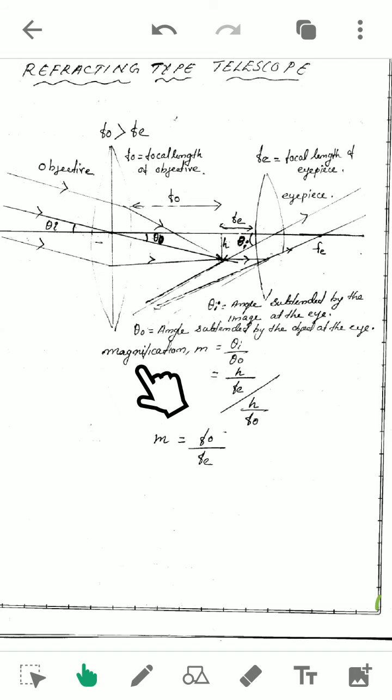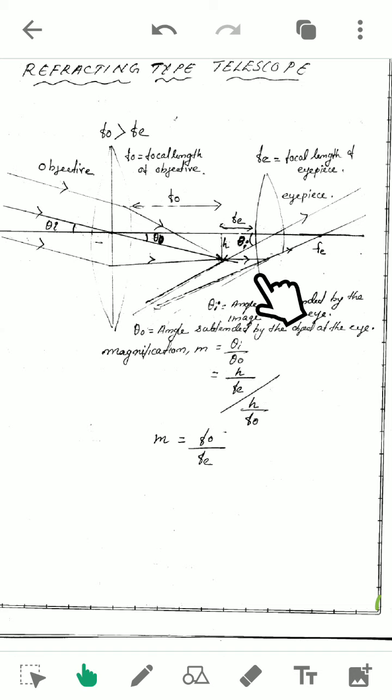Now we know that the magnification is the ratio of the angle subtended by the image to the angle subtended by the object. Here h is the height. See, this distance is Fe, that is the focal length of the eyepiece, and this distance is Fo, the focal length of the objective lens.